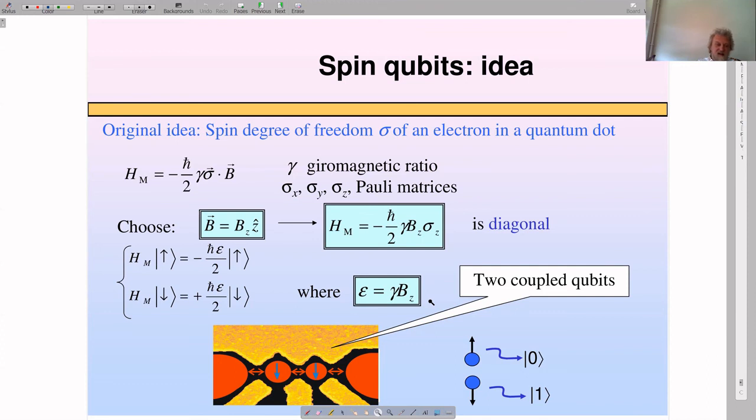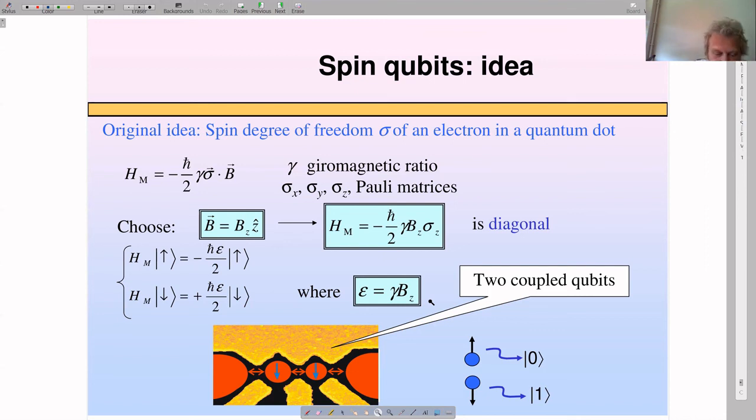Since electron spin is the most known and simplest implementation of a two-level system, let's use electron spins for that.